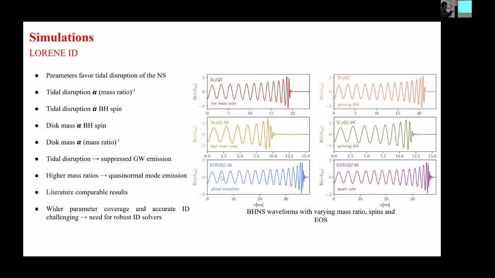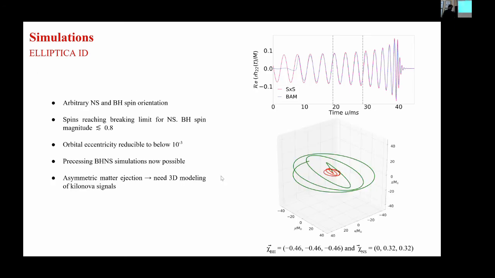And so overall, we find comparable results. However, like I said, with LORENE, we want to cover a wider parameter space of the black hole neutron star system to get a very detailed database of the system. So going on to newer solvers is the way to do this.